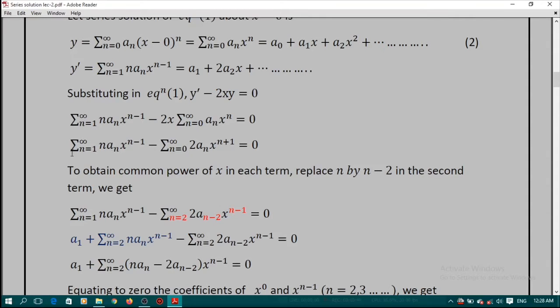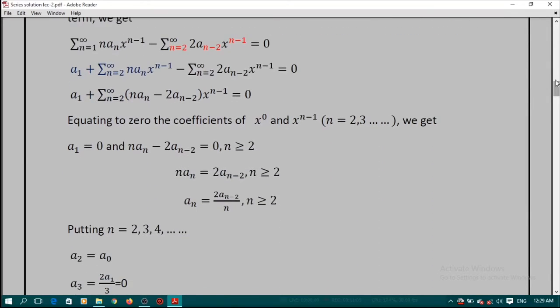So summation n running from 1 to infinity n a_n x raised to n minus 1, minus summation n running from 2 to infinity 2 a_(n minus 2) into x raised to n minus 1, equals 0. Now you can see the powers of x are the same, but the range of summation is still different.